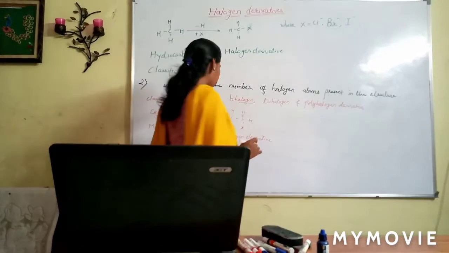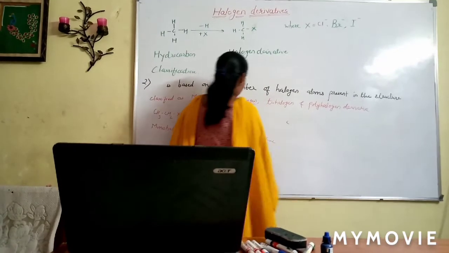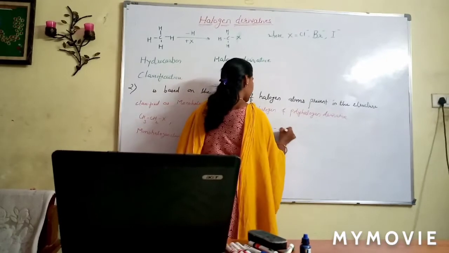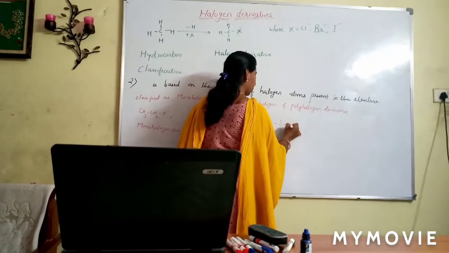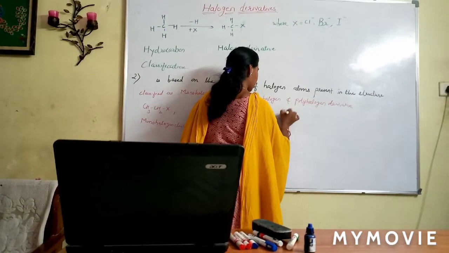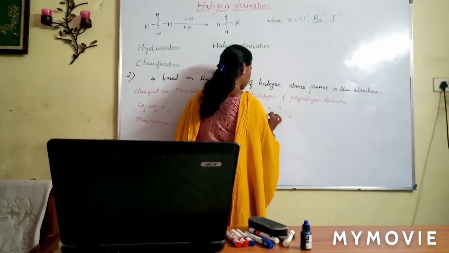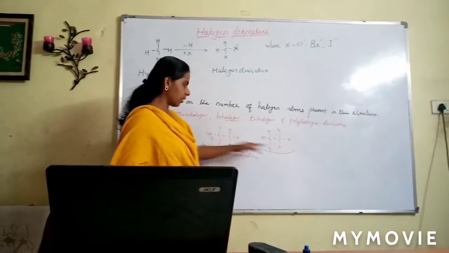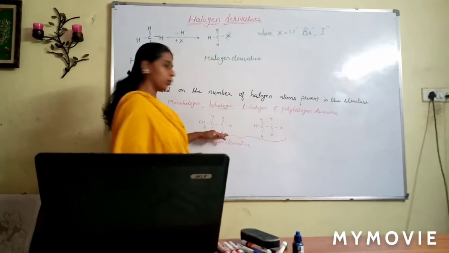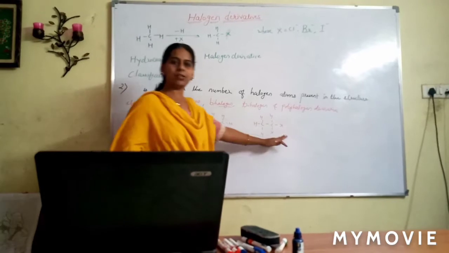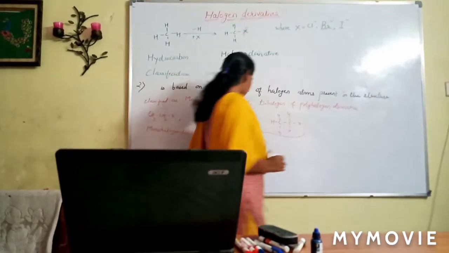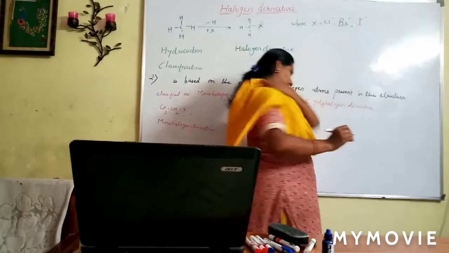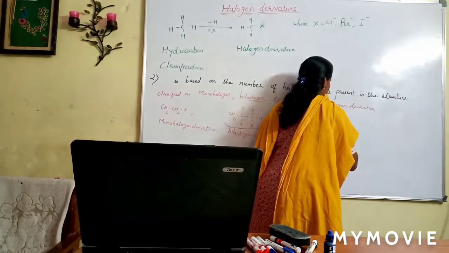Now, there is also the possibility that these two halogen atoms can be present on adjacent carbon atoms, or on the same carbon atom. So this will be the X, this will be the X, and the other bonds are occupied by hydrogen. Now see, in both structures, there are two halogen atoms. But what is the difference? In one, two halogen atoms are on adjacent carbons; in the other, two halogen atoms are on the same carbon atom.